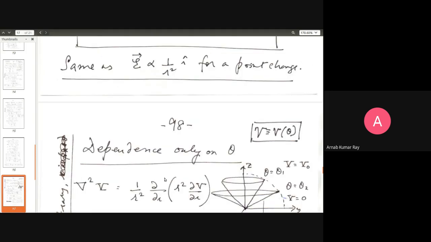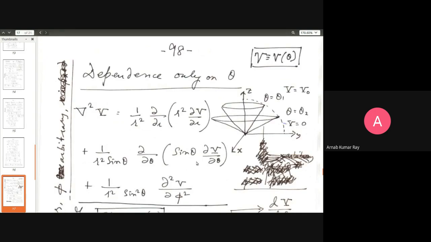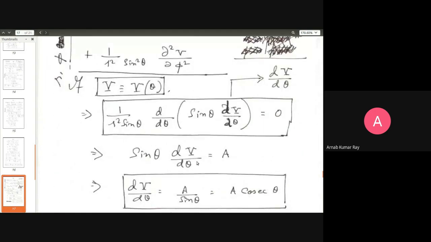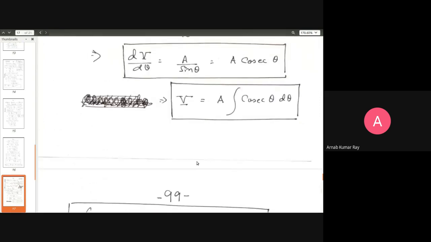Next is the dependence on theta. This was the last topic that we took up. We found this was the most difficult of the 9 cases that we have to consider while working with Laplace's equation.